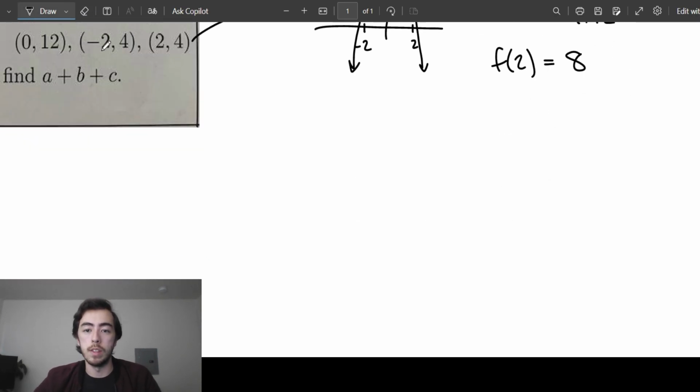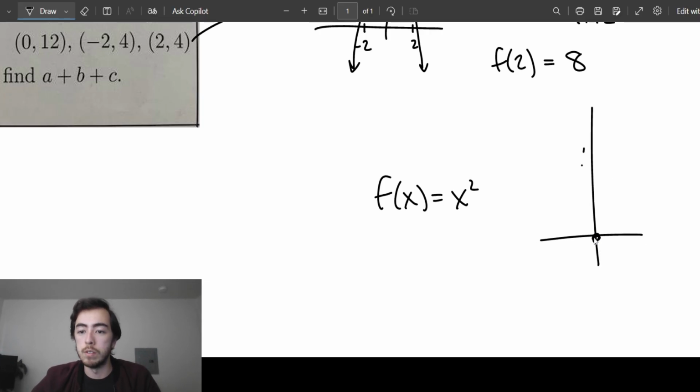So normally with a very standard parabola, let's just look at the x squared function. We would have points at 0, 0, 1, 1, -1, 1, and then 2, 4, and -2, 4. So this is our standard parabola shape. And what I'm looking at right here is that there's this 1 by 1 right triangle, if you want to think about it this way, near the vertex.